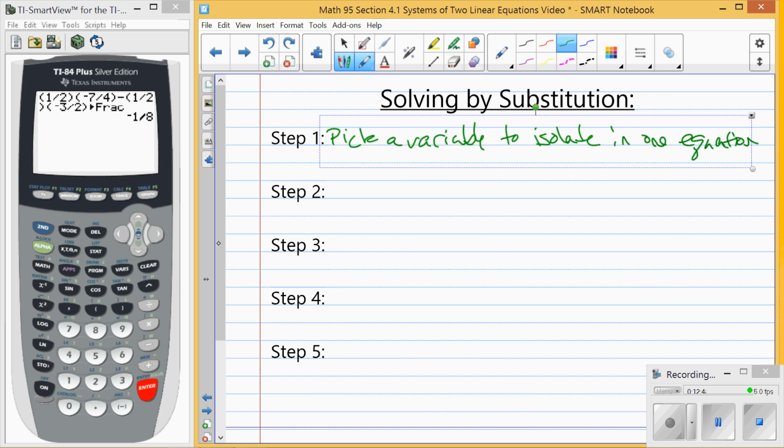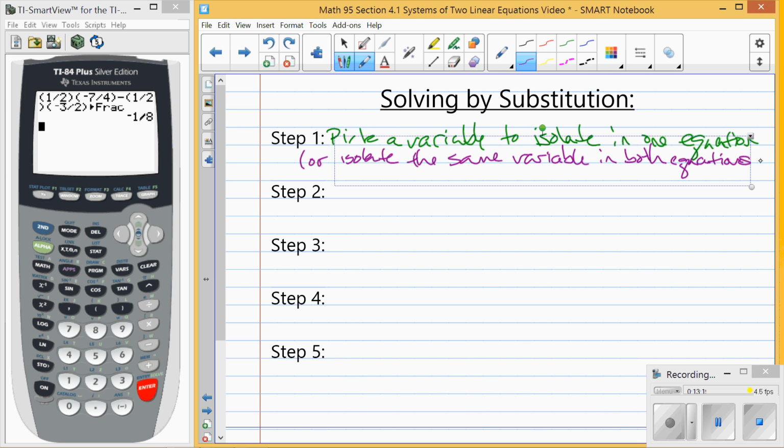Now, if you'd like to, you may find it easier to isolate that variable in both equations. Let me rewrite that. There will be some instances in which that's the most helpful thing to do. Most of the time it'll be in a word problem, but we'll see how that goes.